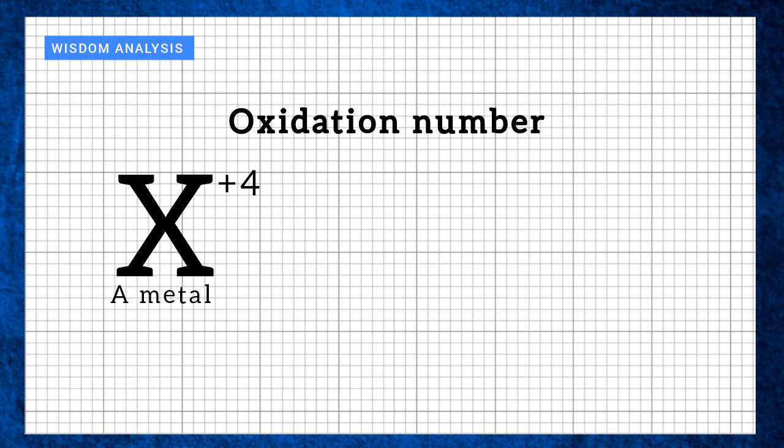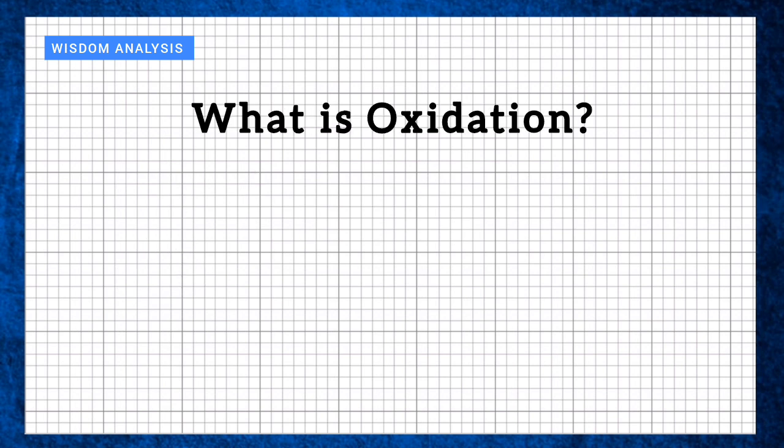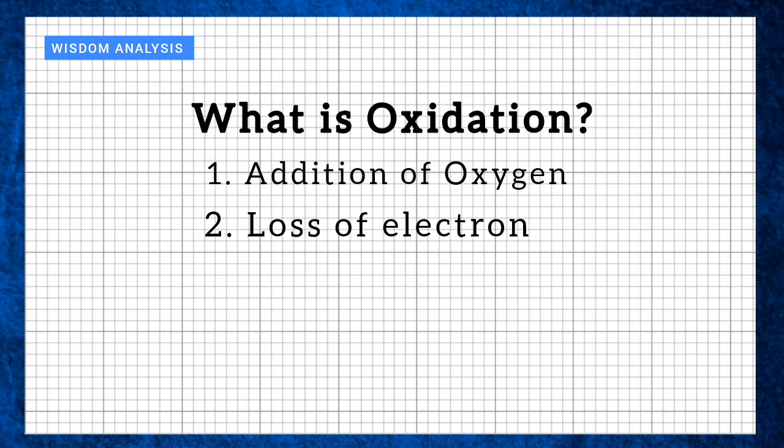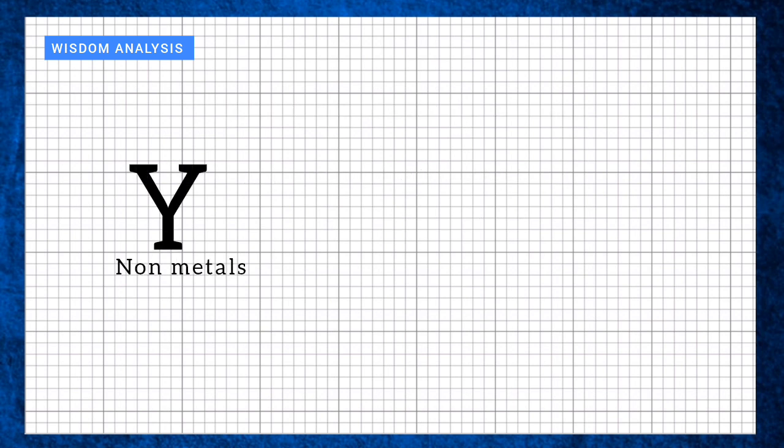So we can also call this what? Oxidation. This brings us to the second definition of oxidation as the what? Loss of electron. That means the opposite of it, that is non-metals accept electrons, right? You can see that it was first 0, no oxidation number, and then it now drops to -1, and then it now drops to -2, drops.